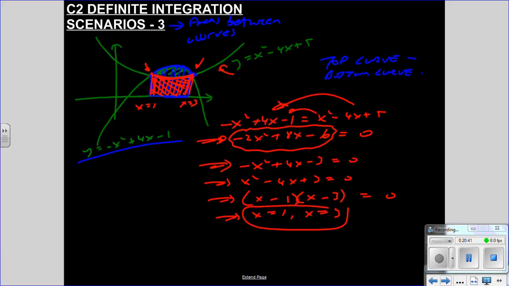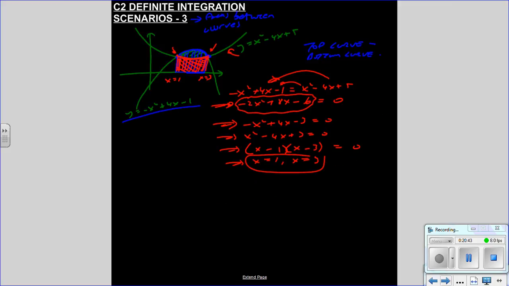To show you why I'm saying pay special attention to how I've laid this out, if we were to find that shaded area, it would be between 3 and 1, top curve, which is this one, minus x squared plus 4x take 1, minus the bottom curve, which is this one, x squared minus 4x plus 5 dx.